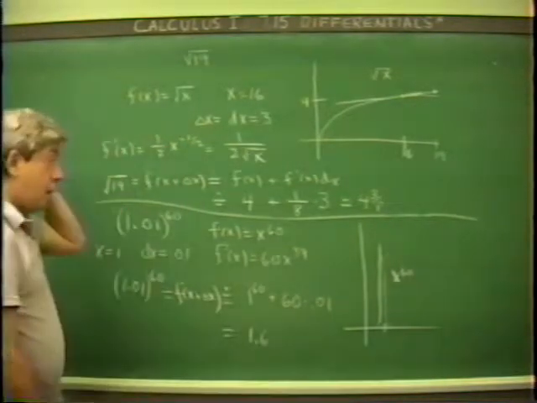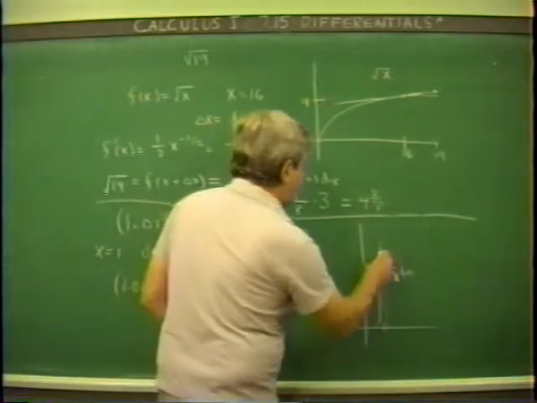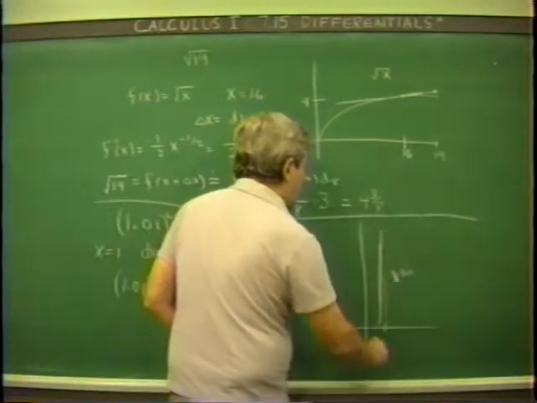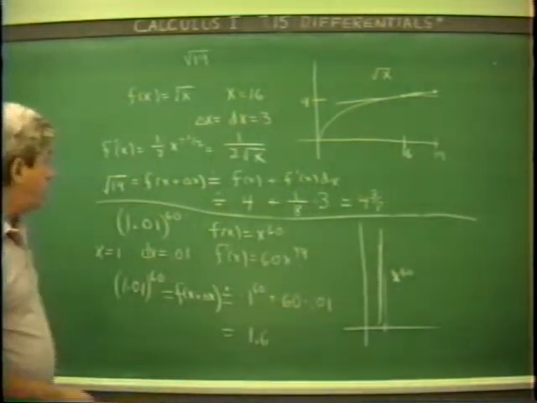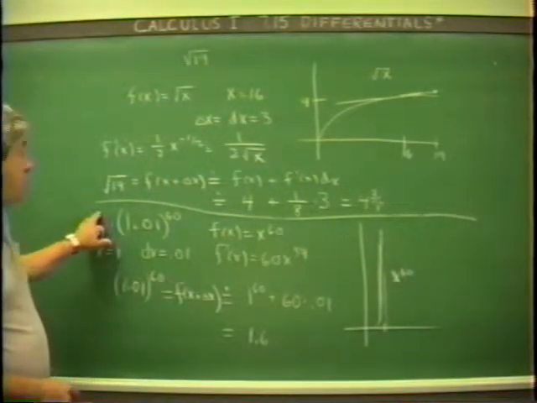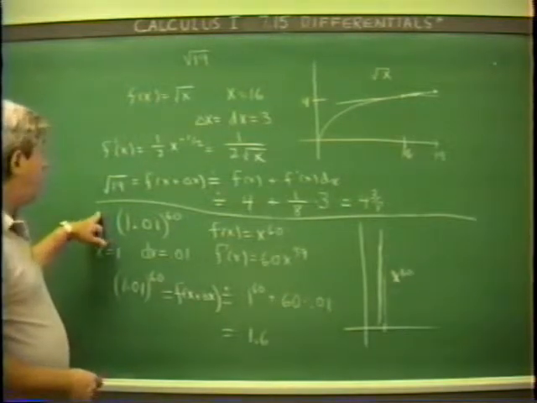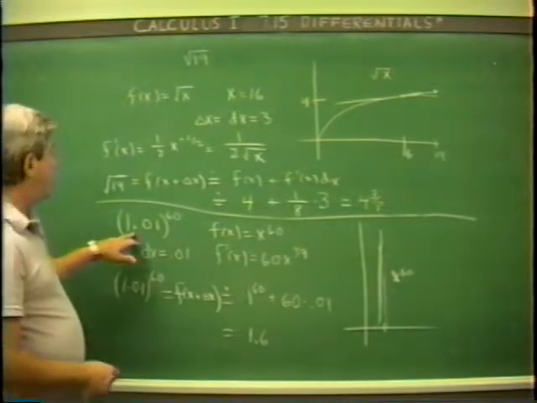So this is equal to 1.6. Now, here the graph of the function lies above the tangent line, so this approximation is going to be a little bit too small.